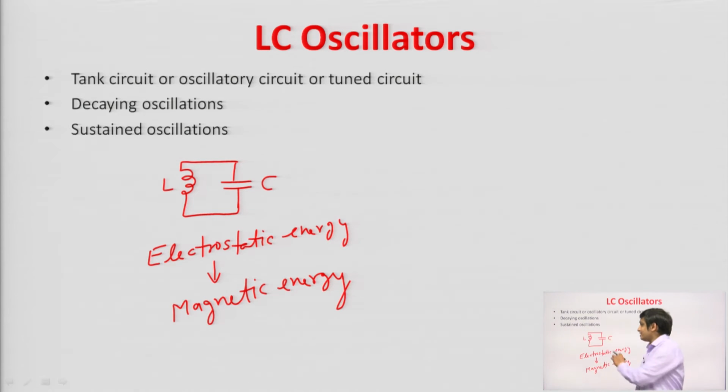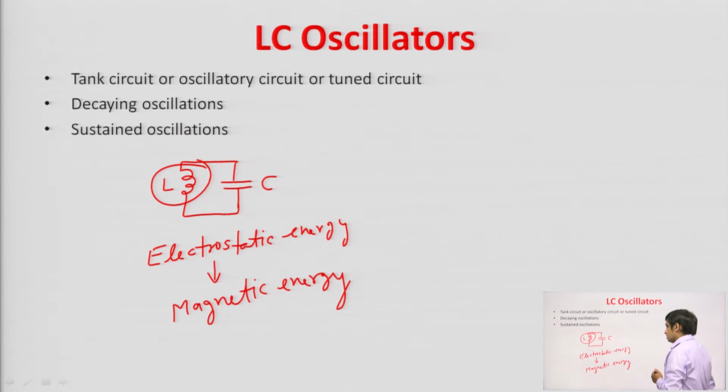Once this inductor is charged with this magnetic energy, now Lenz's law comes into the picture. The magnetic field around this inductor starts collapsing. In that case, what will happen?